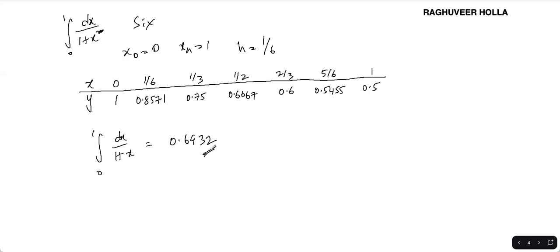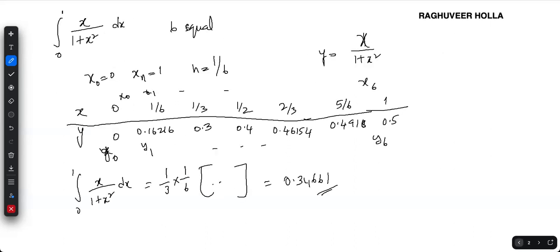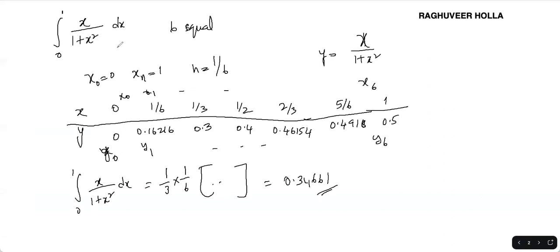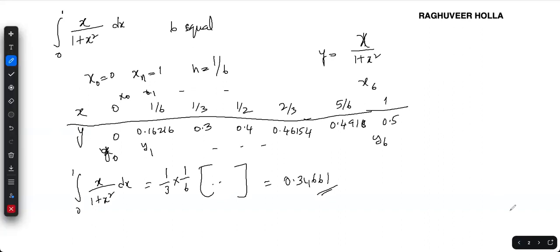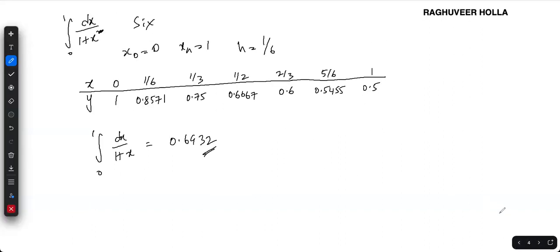Now let us look at the same thing, that is, the integral from 0 to 1 of x by 1 plus x squared dx using Simpson. So we will see whether we get this result.